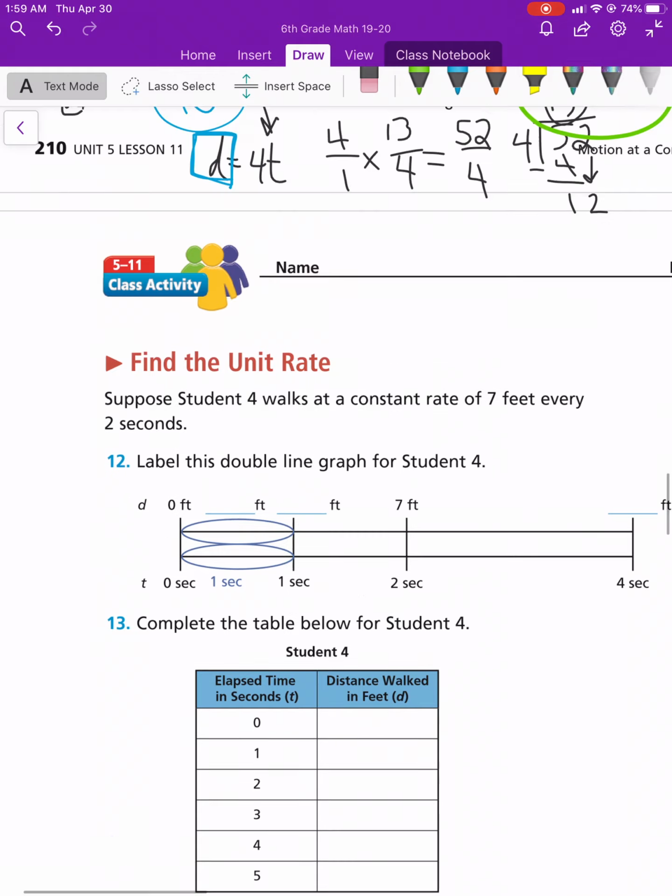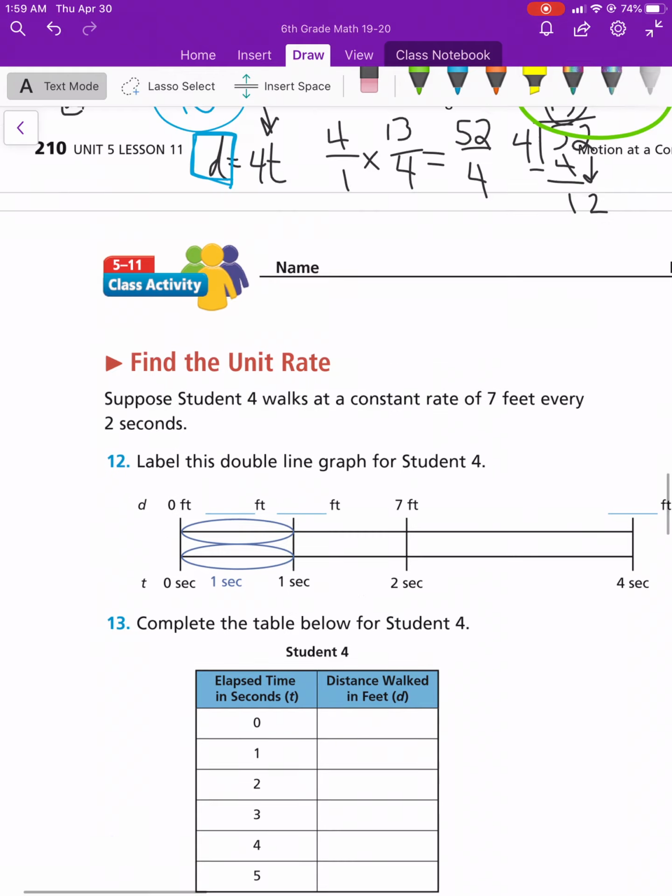So let's draw it out. Just keep in mind, I'm going to highlight these in different colors. Okay, so we have distance and we have time. As time goes on, distance is changing, right?